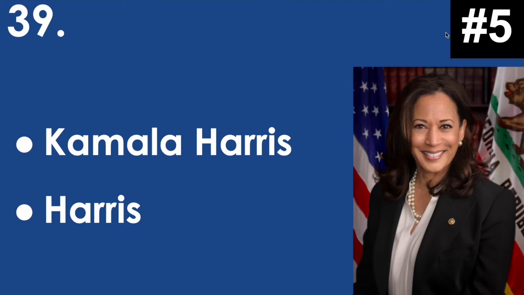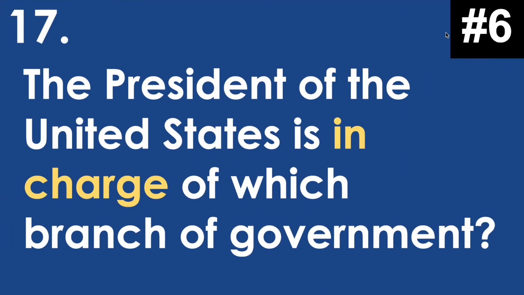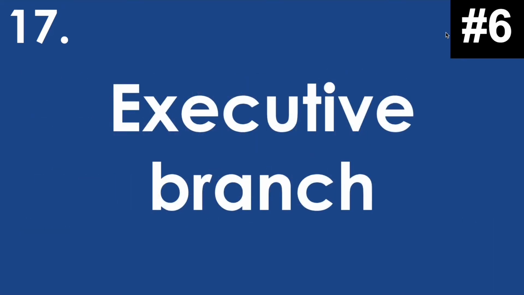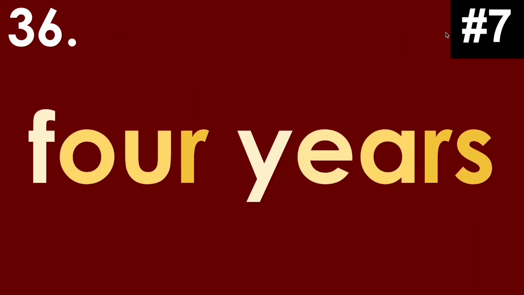Harris. The President of the United States is in charge of which branch of government? Executive branch. The President of the United States is elected for how many years? 4 years.